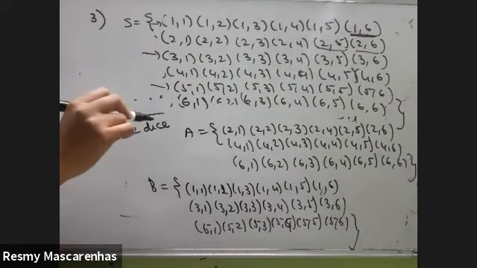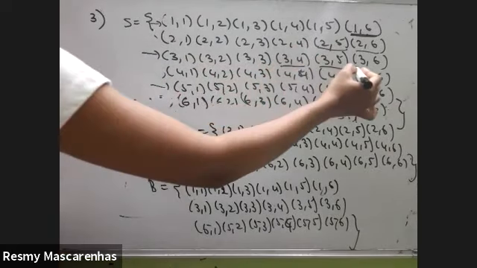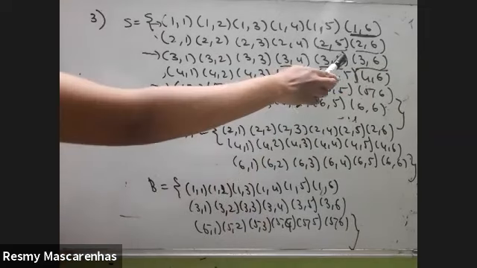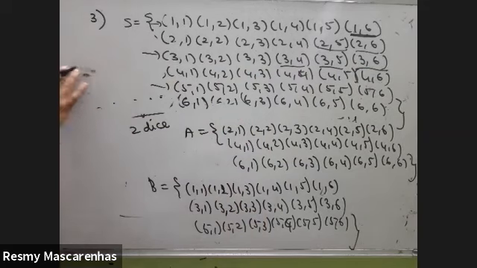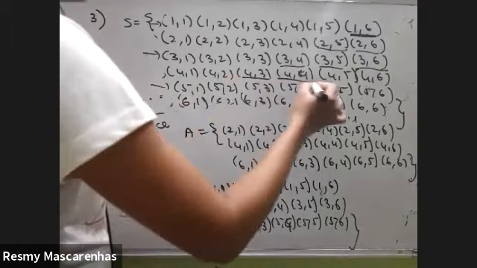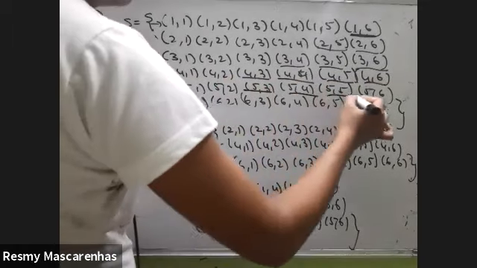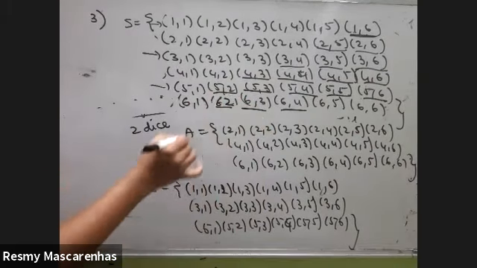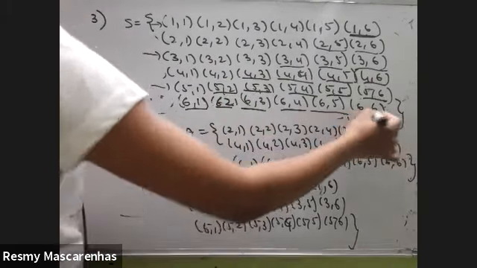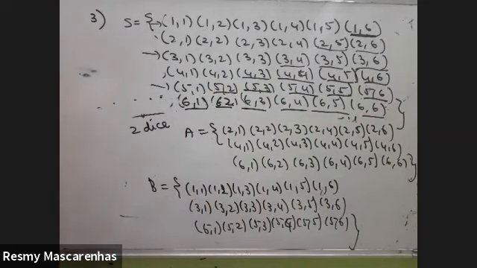This is also 7. This is giving 8. Doesn't matter because the sum minimum should be 7 or more. So this is my first condition. These are the pairs which are giving me a sum of 7 or more.